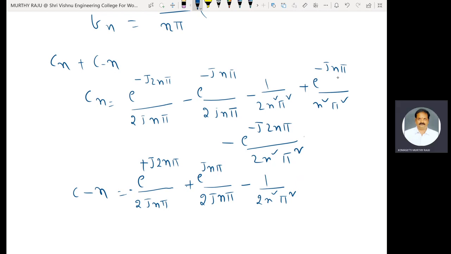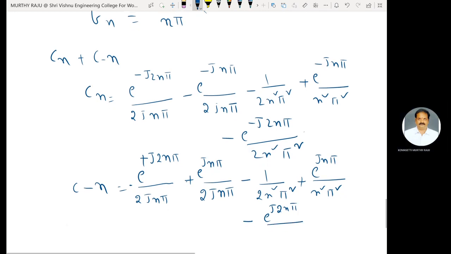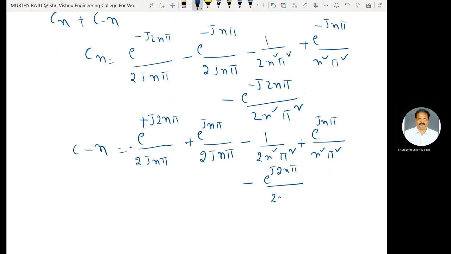Here n is replaced with minus n, e^(jnπ) by n²π², minus e^(j2nπ) by 2n²π².